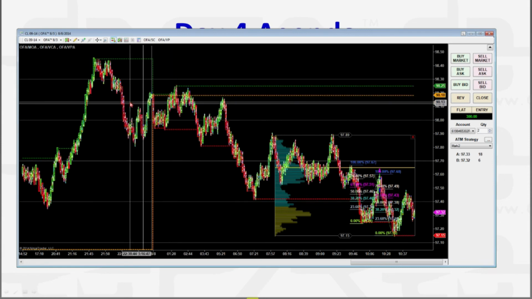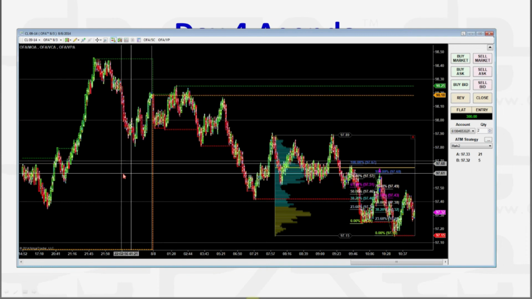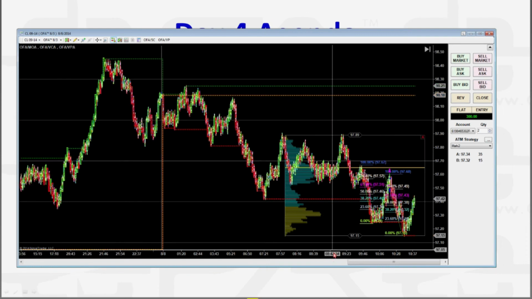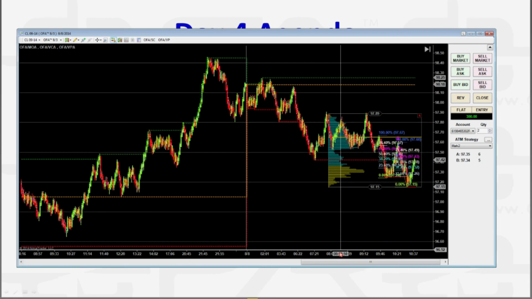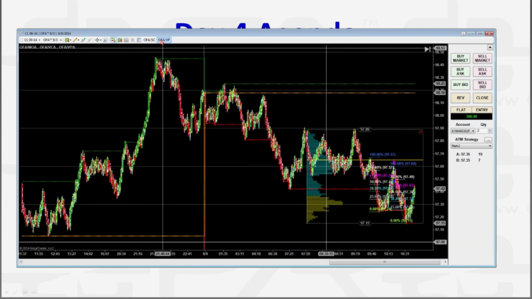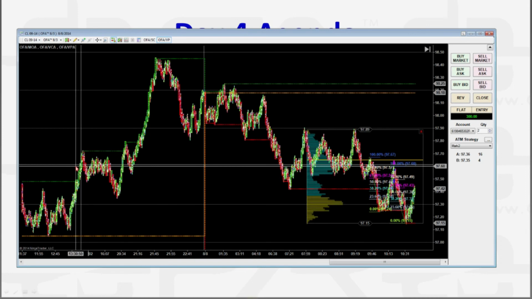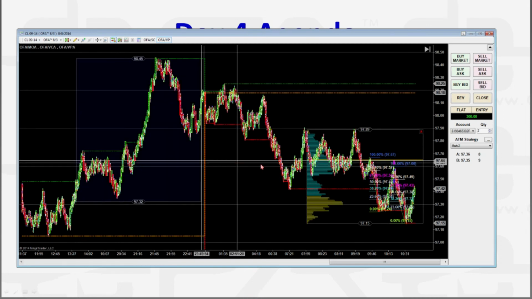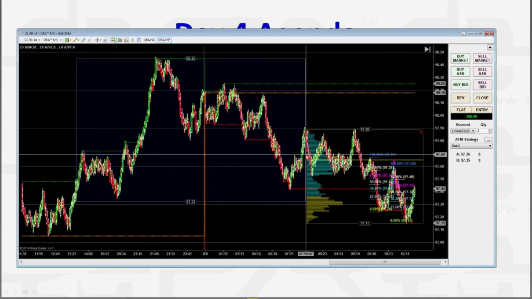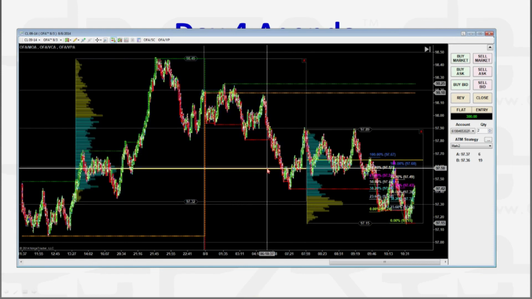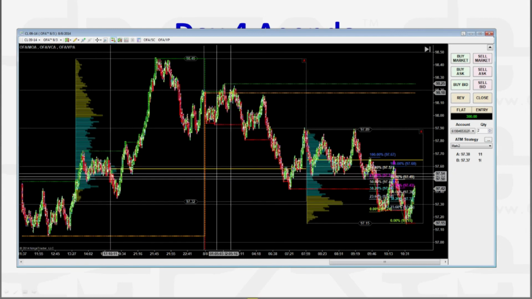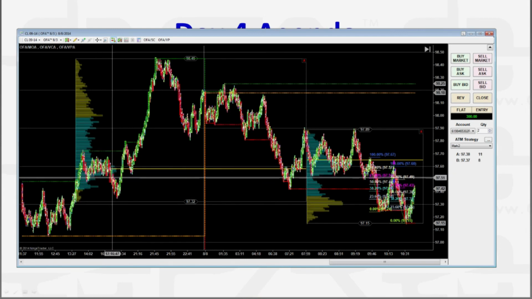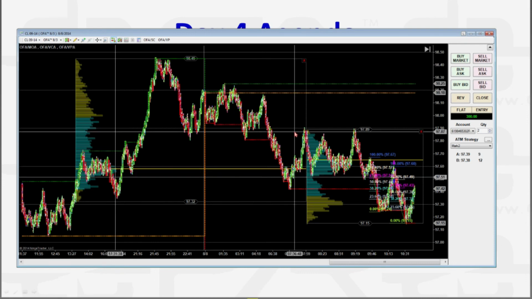So what I'll do is from yesterday's session, I will draw a profile. And you can see in the overnight, this level holding pretty well at 97.50, 97.51.